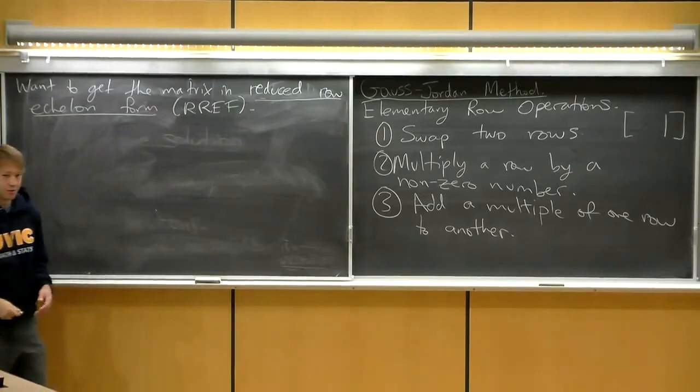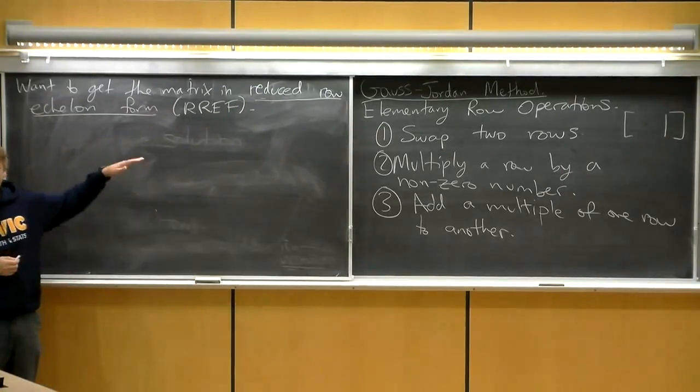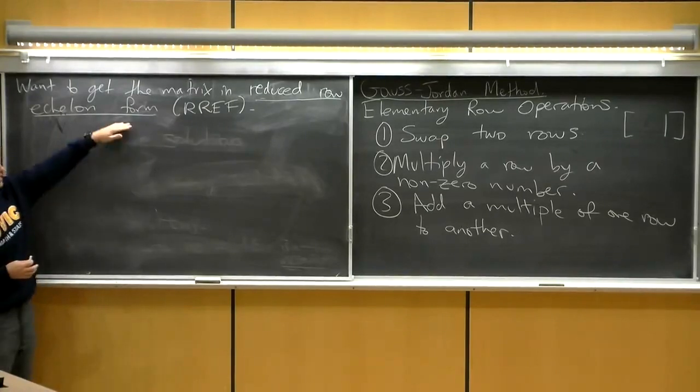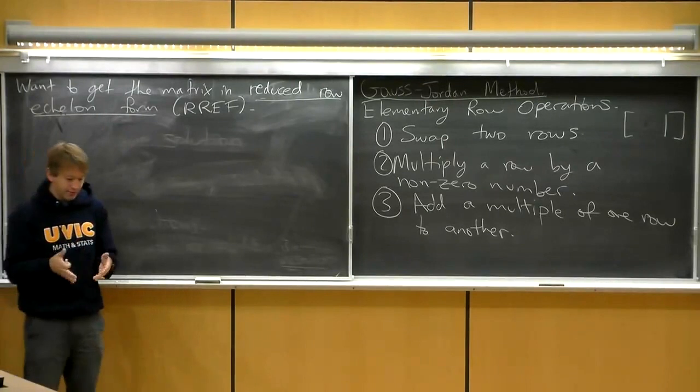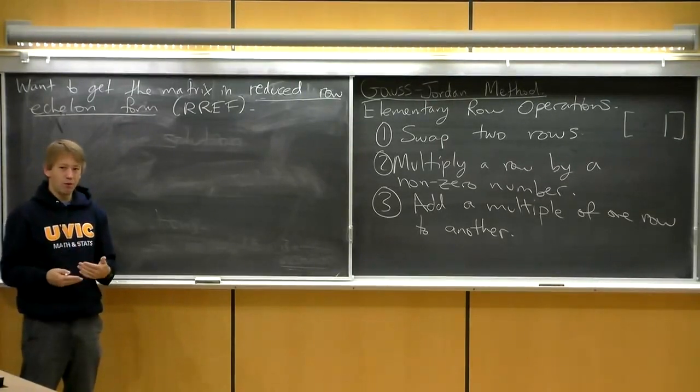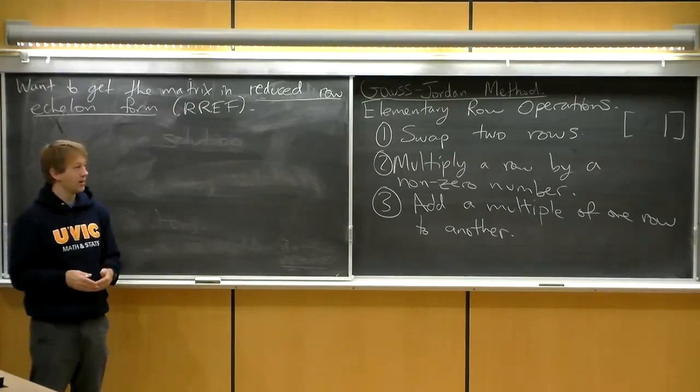That's too long to write every time, so usually I'll just write RREF. I have no idea what echelon means, so I don't know why it's called that, but that's what it's called. Basically, if you get a matrix in reduced row echelon form, it's the simplest form that it could be in.